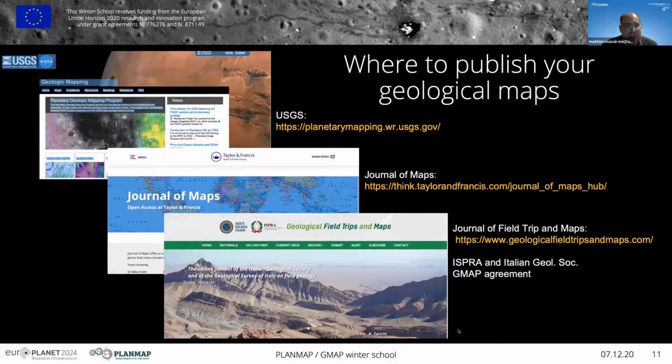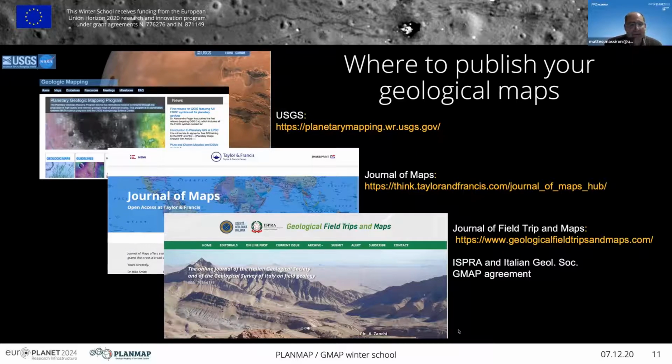All these ways of publishing geological maps are not strictly associated with a strong impact factor, but they are the only way of publishing maps in a professional way, because we need a professional way of producing geological maps, and these are the three. I would say Journal of Maps has some impact factor.